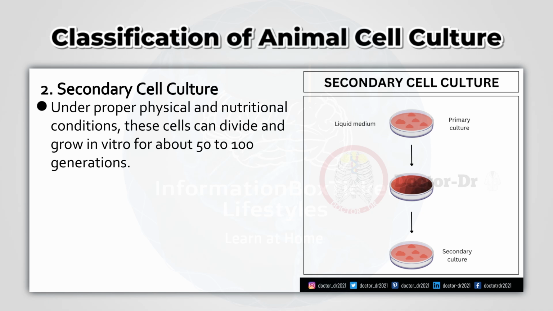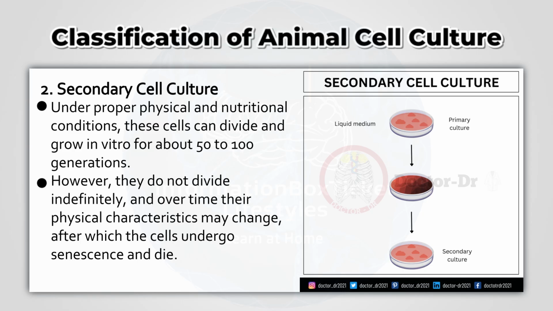Under proper physical and nutritional conditions, these cells can divide and grow in vitro for about 50 to 100 generations. However, they do not divide indefinitely, and over time, their physical characteristics may change, after which the cells undergo senescence and die.